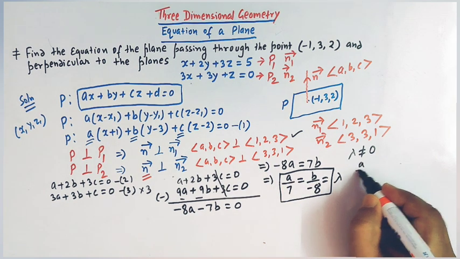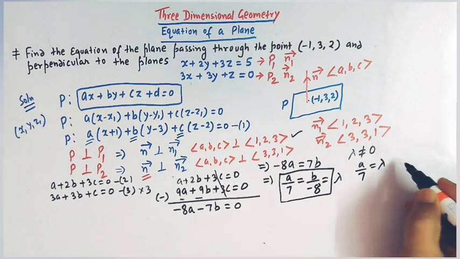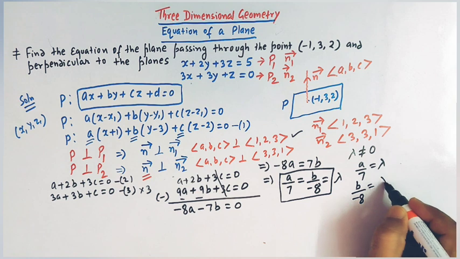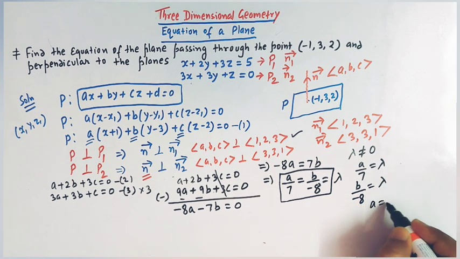So from here we have a over 7 is equal to lambda, and b over minus 8 is equal to lambda. So a is 7 lambda and b is minus 8 lambda, right?